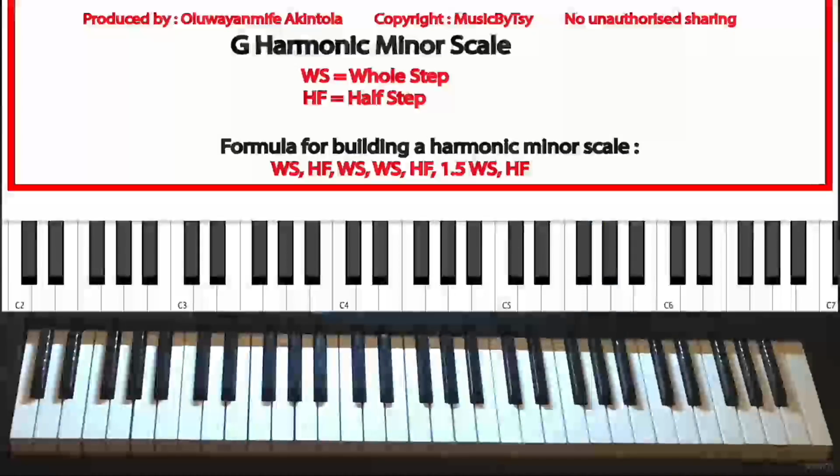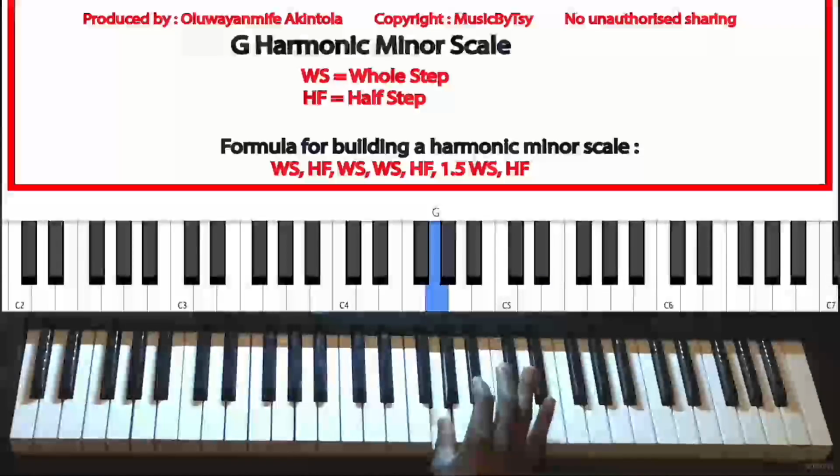Now we want to build the G harmonic minor scale. So all we have to do is increase the seventh note of the G natural minor scale by a half step, and that is going to give us the G harmonic minor scale. So let's do that.